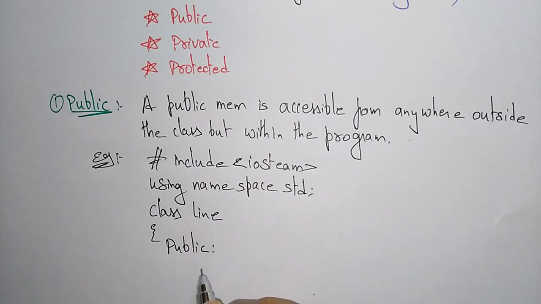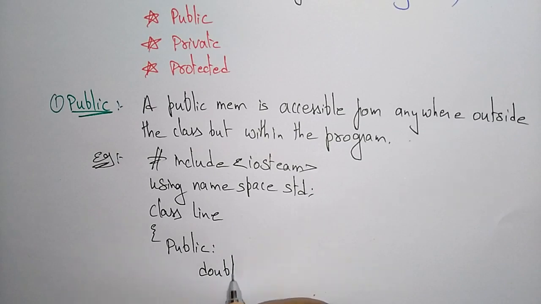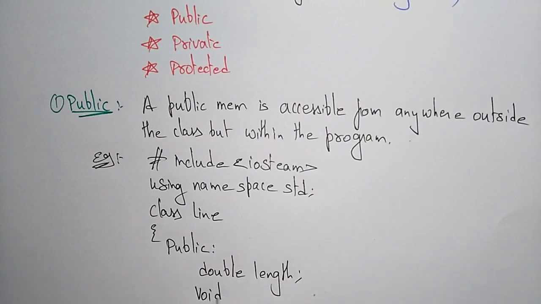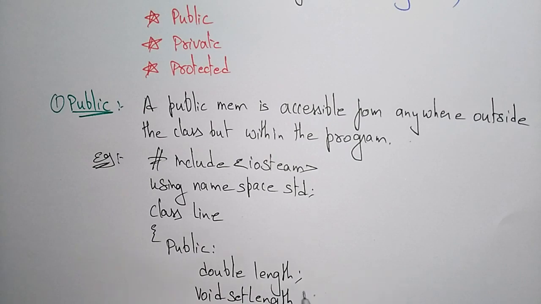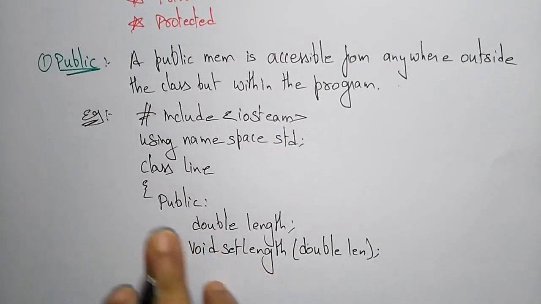So under public, I am using double length. Length is one variable declared as public. Next, void setLength(double length). This is one of the functions that I declared as public, so I can use this function outside the class also.